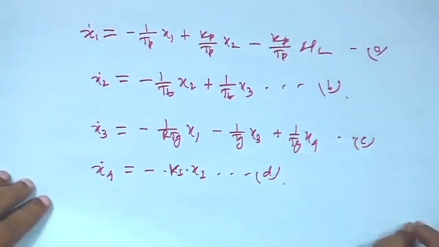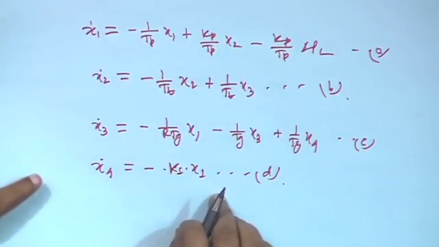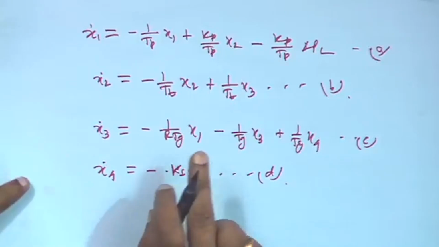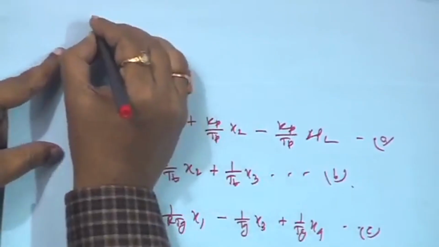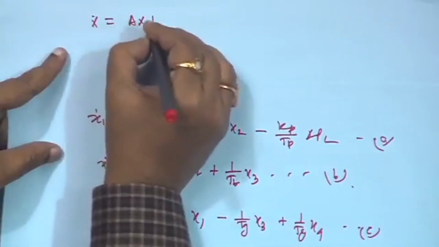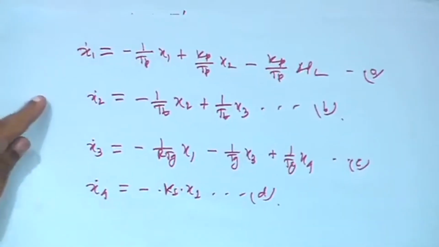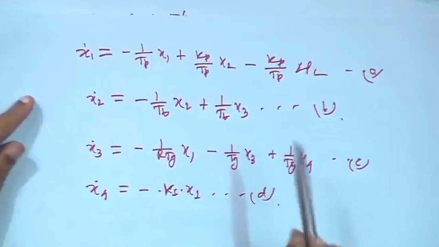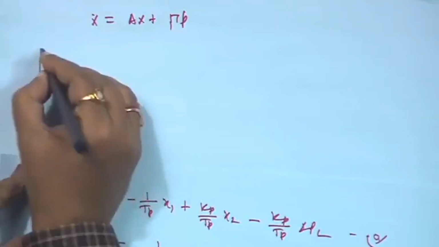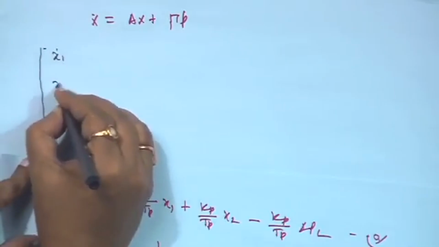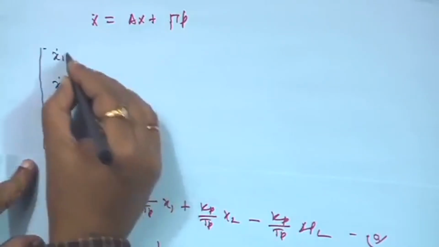Now, in these equations, as the integral output is taken as the x4 state variable, no u is involved. So, these equations can be written in the form of x dot is equal to Ax plus gamma p, because no u is involved here. So, the left hand side is x1 dot, x2 dot, x3 dot and x4 dot.